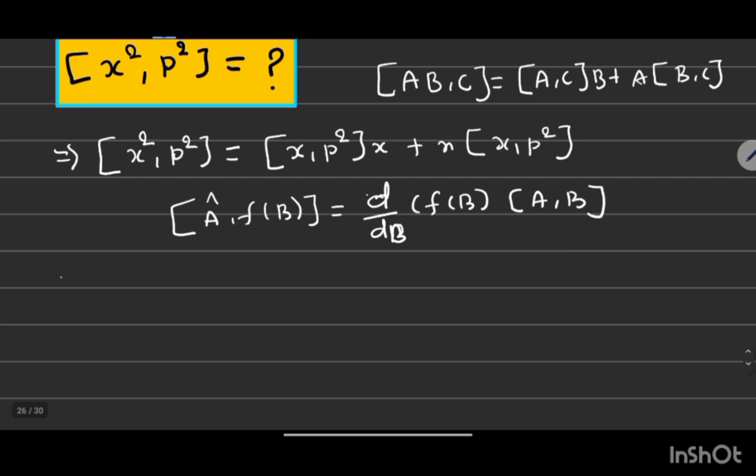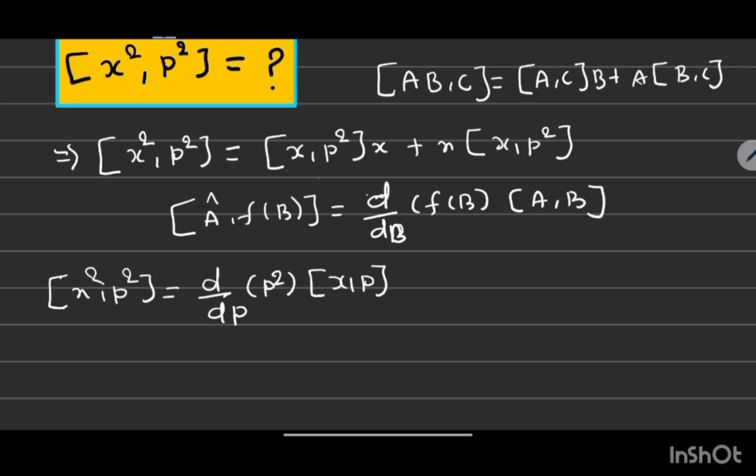So this becomes, for this term, differentiation of p squared with respect to p, times [x, p], times x. Again x times the differentiation of p squared with respect to p, times the commutation of x comma p.